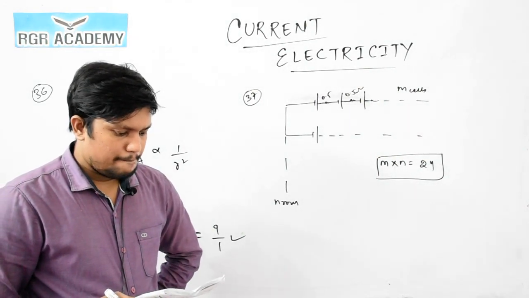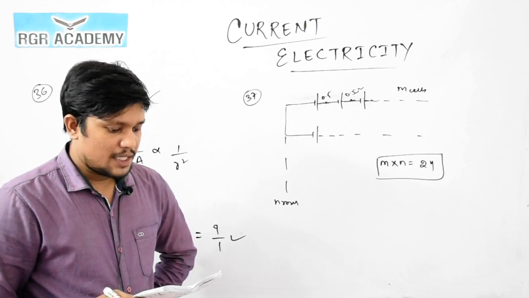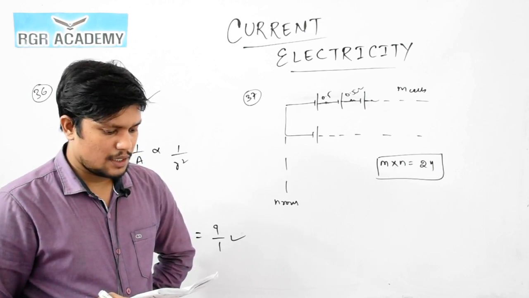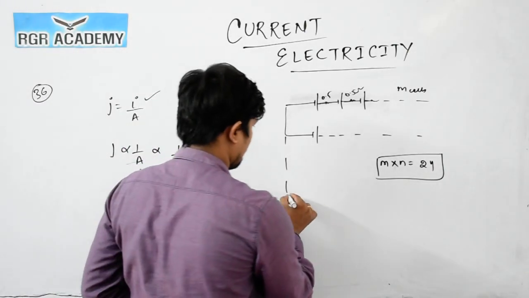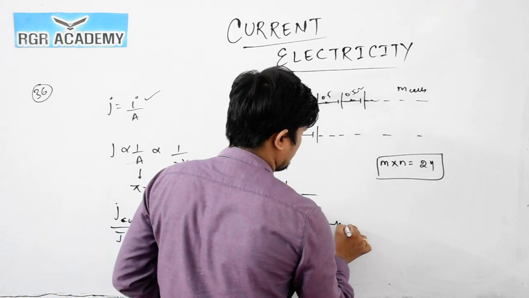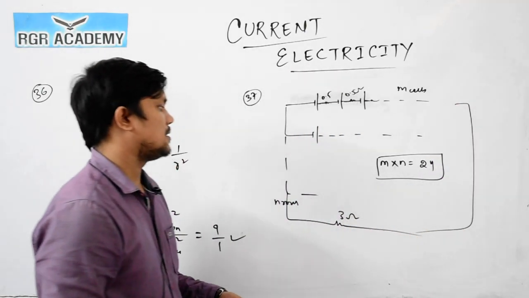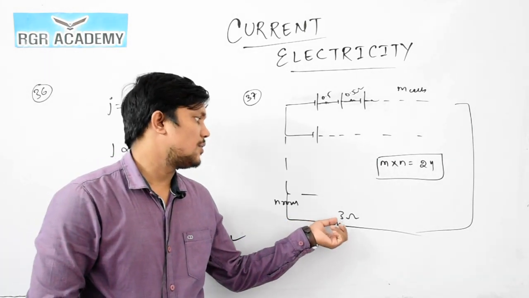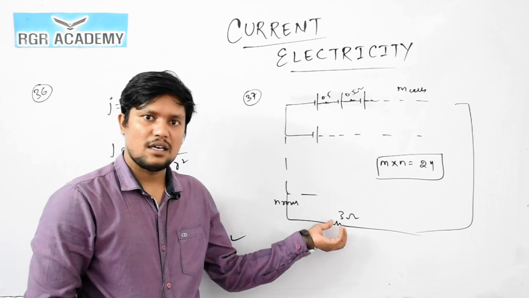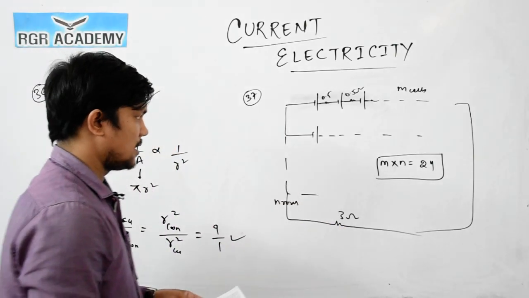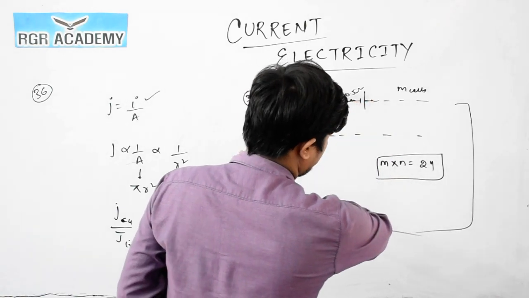Now, maximum current is taken from the combination across an external resistance of 3 ohm. So they have given an external resistance of 3 ohm connected, and they are asking for the current to be maximum. For the current to be maximum, the condition is that internal resistance should be equal to external resistance of the circuit. So what is the internal equivalent resistance?